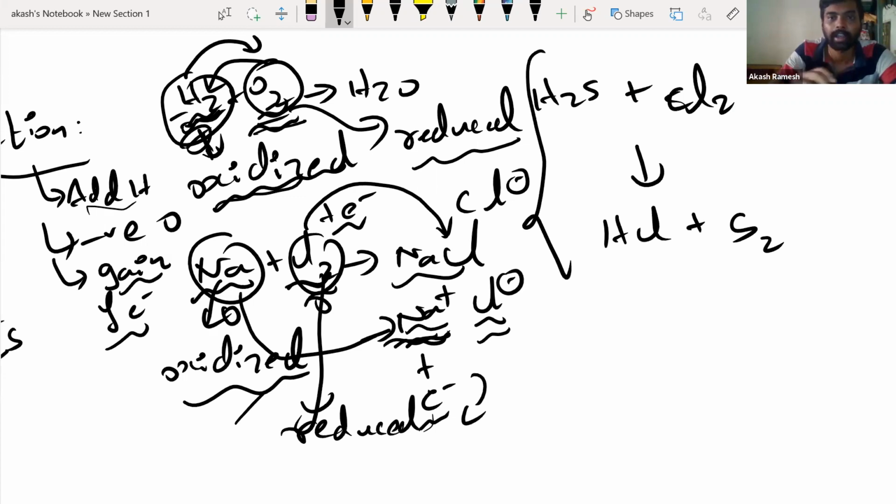Now, see which is getting oxidized and which is getting reduced. In these kinds of questions, you see there is no oxygen, and you're not exactly adding hydrogen or oxygen. But this reaction can also be termed in terms of oxidation and reduction. We'll try to understand how this happens.